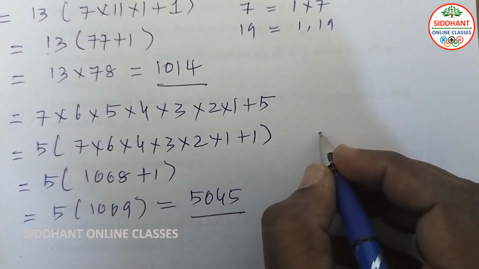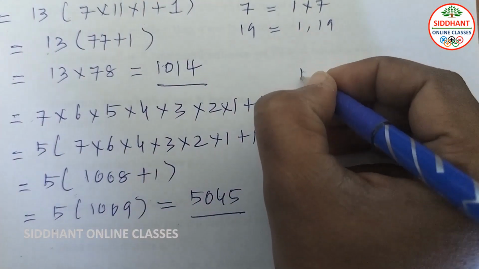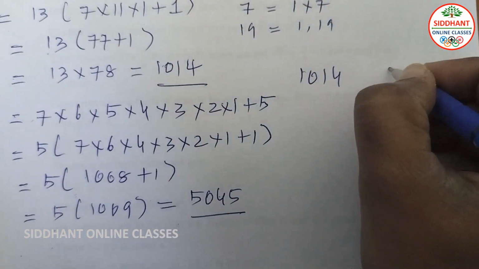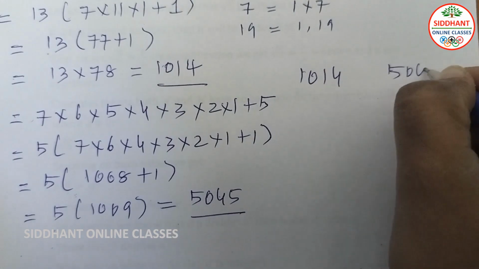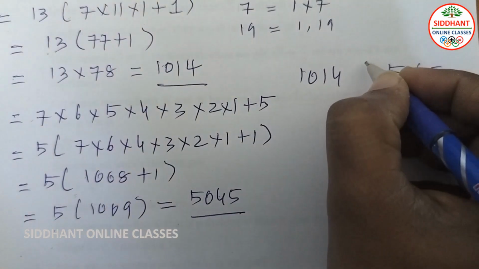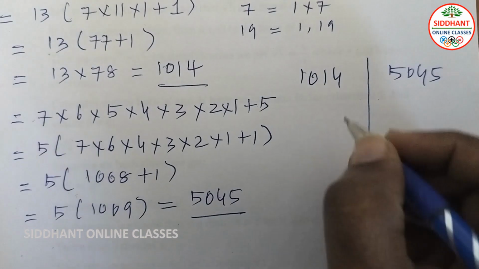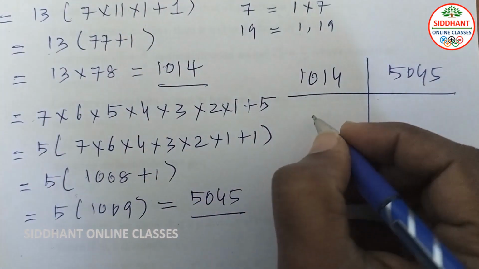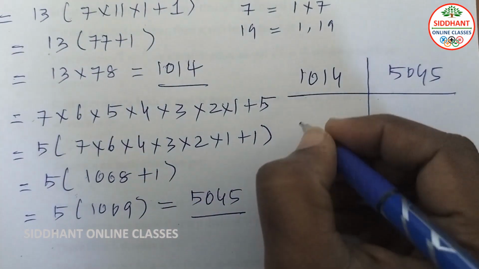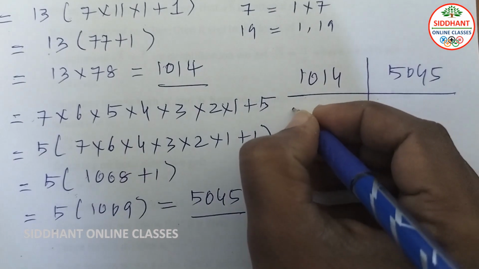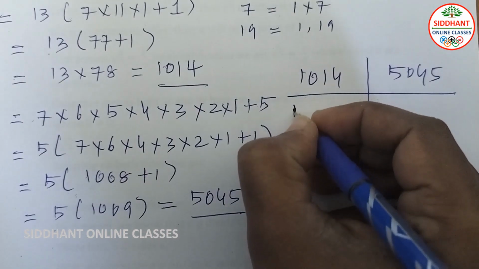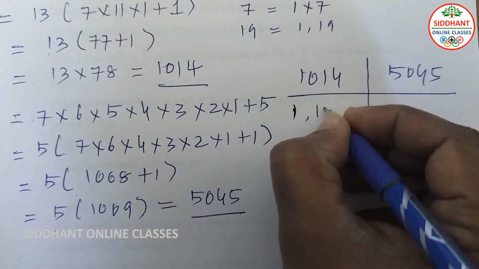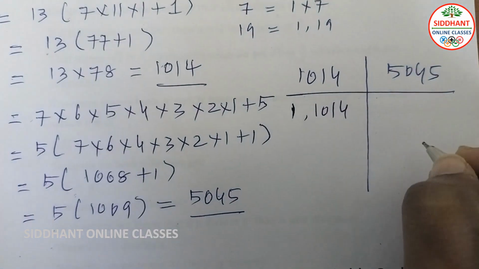Now these two numbers, one number is 1014, another number is 5045. We are going to see the factors now. So 1 is a common factor, and the same number is another factor.